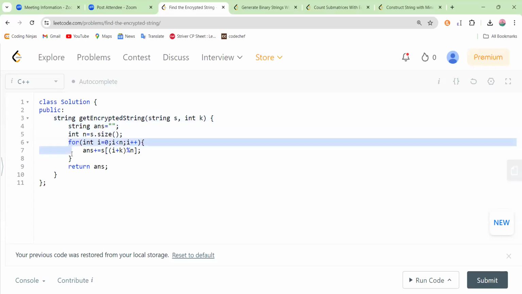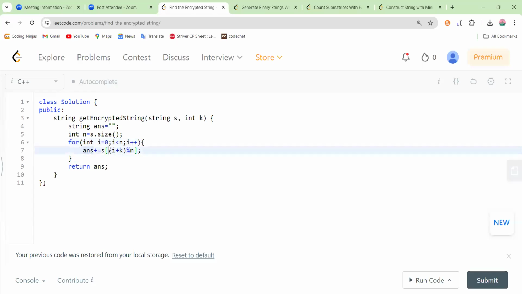Now we traversed over all the characters and we know that for answer, the ith character will be nothing but the (i + k) modulo nth character in the original string. So in our answer, we simply added that thing and we are simply returning the answer. So that was for the first question.